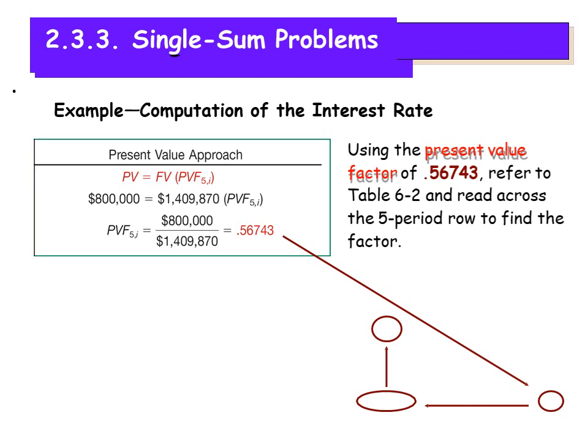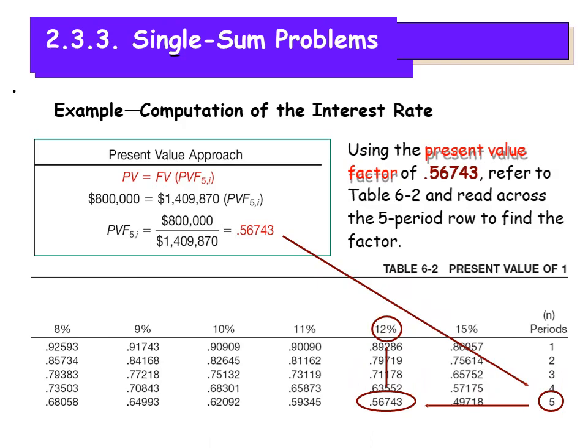Again, there is also the present value approach in the same way. Now we have to search for the present value factor. Our present value factor is calculated. Present value is equal to future value in the bracket, present value factor. Then we can divide by 1,409,870 on both sides. We can get the present value factor, which is 0.5674.